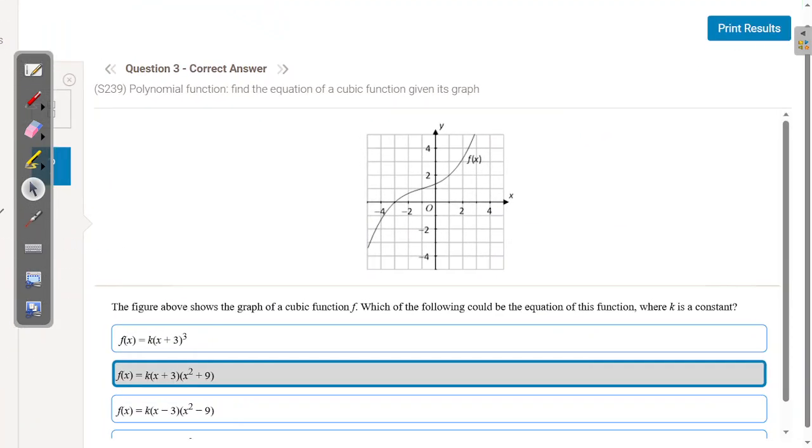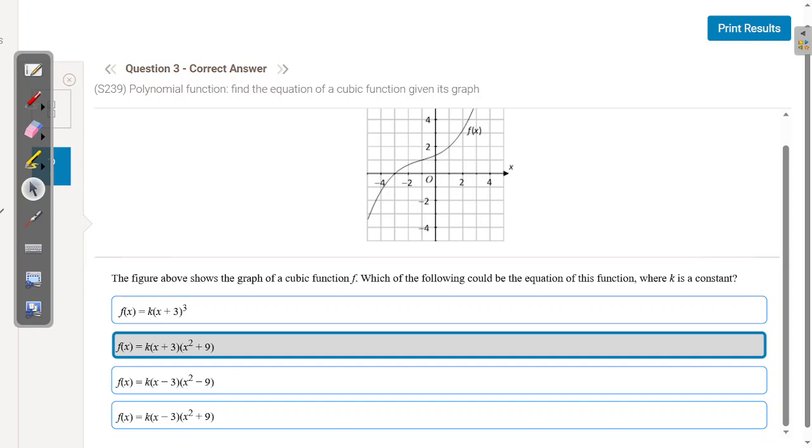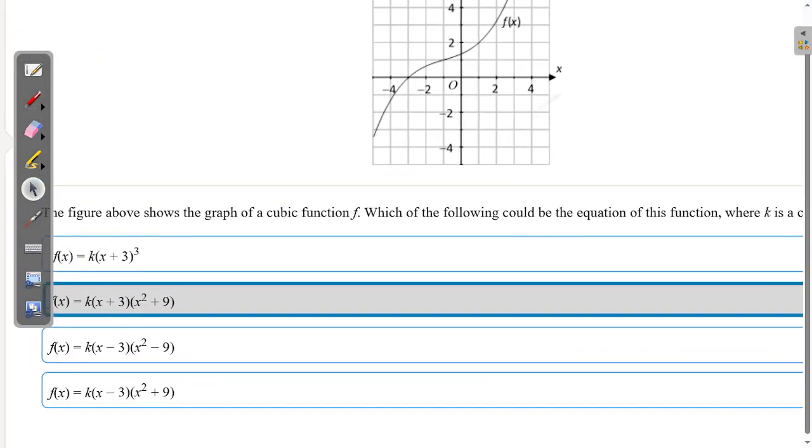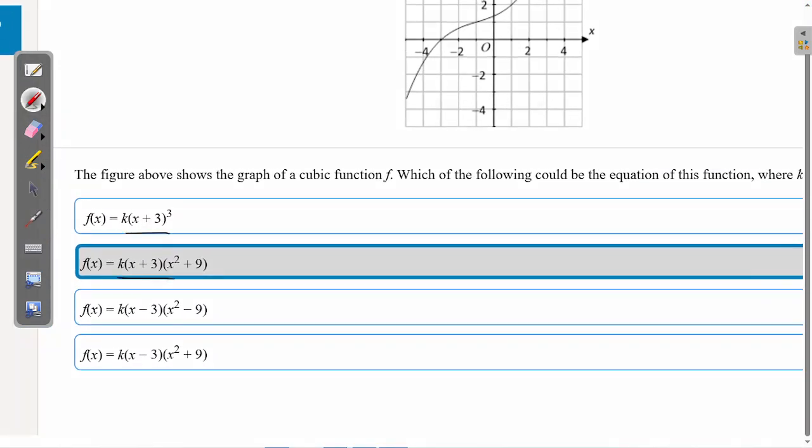Okay, the figure above shows the graph of the cubic function f. Which of the following could be the equation of this function? So we look at the choices in factored form, and what this form tells us is basically the x-intercept. So using this, we can eliminate some choices immediately.